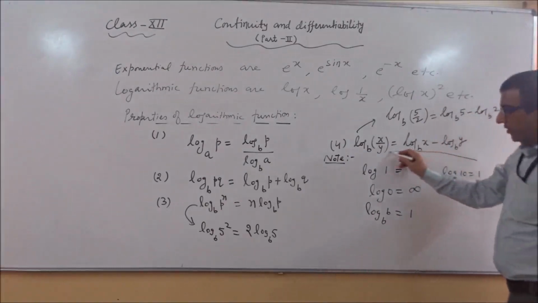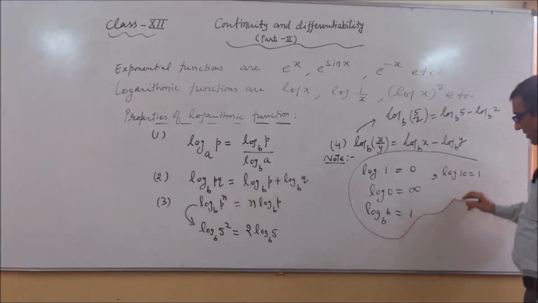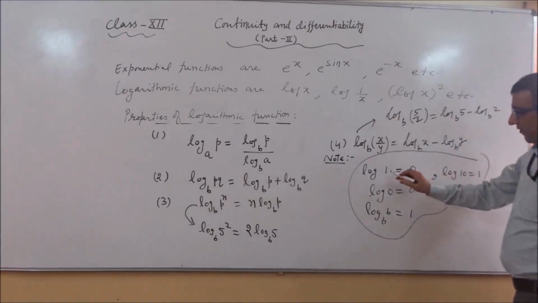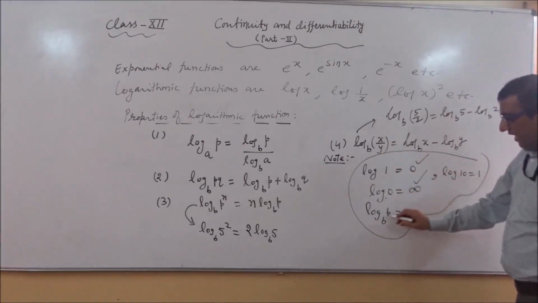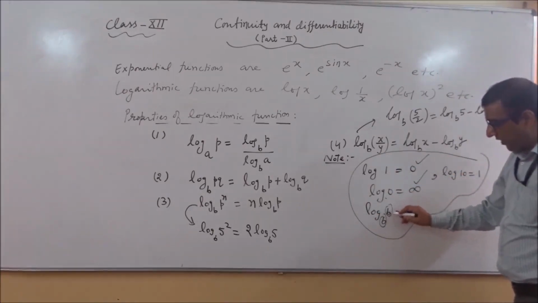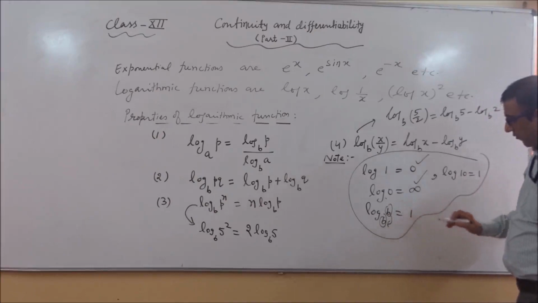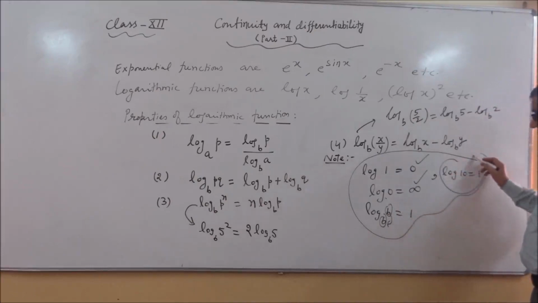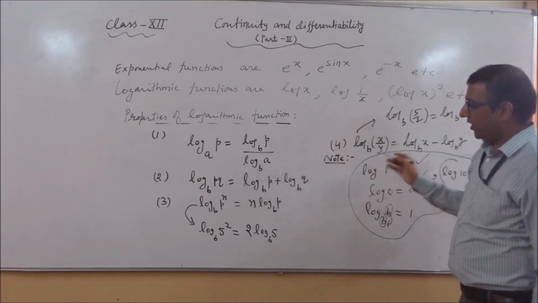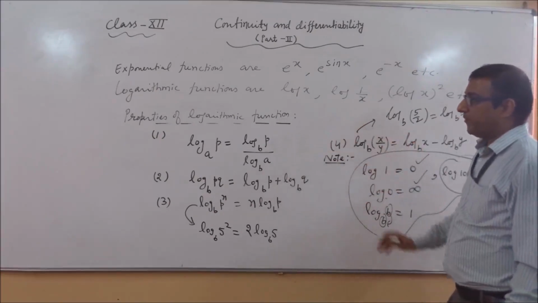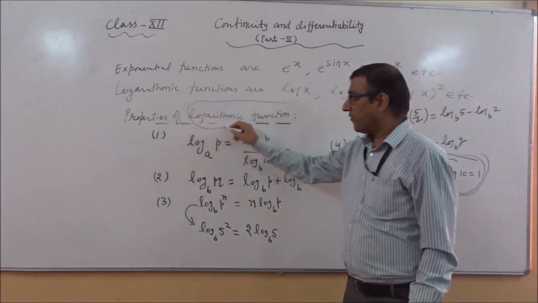And these are some important values. What is the value of log 1? It is 0. The value of log 0 is infinity. And if the base and the argument are the same, then the value is 1, and the value of log 10 is equivalent to 1. So with the help of these properties or formulas, we will solve the questions which are based on logarithmic functions.